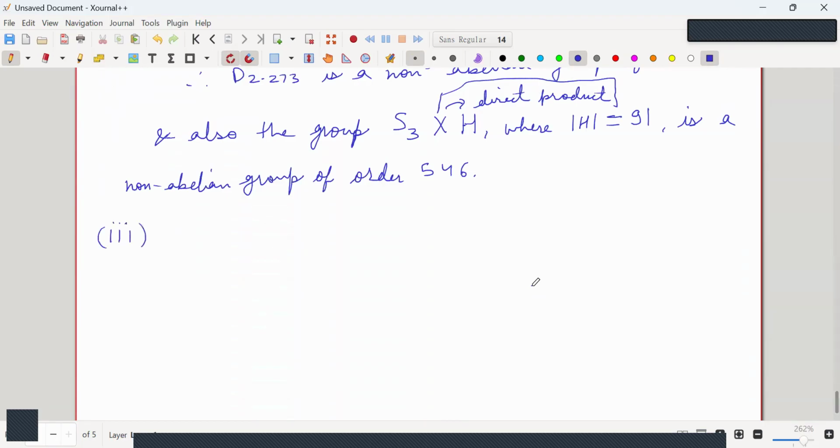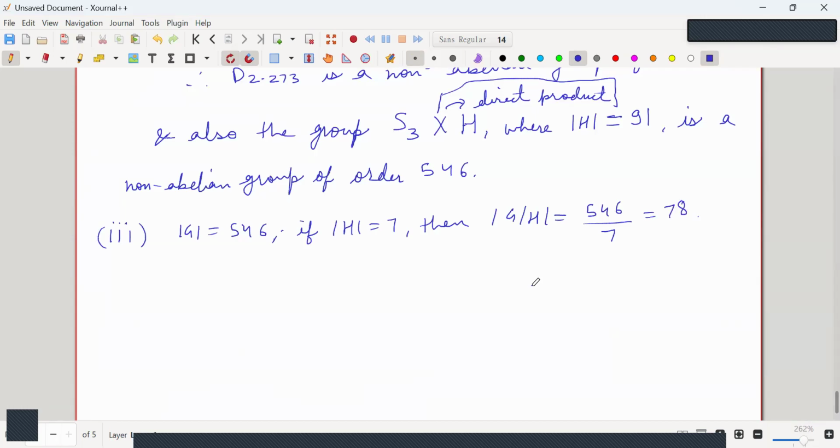So order of G is 546, right? This is given. If order of H is 7, then what will be the order of G by H? 546 by 7, right? Which is 78.